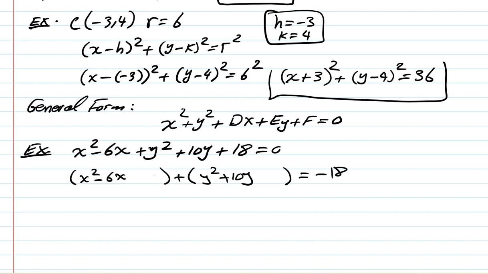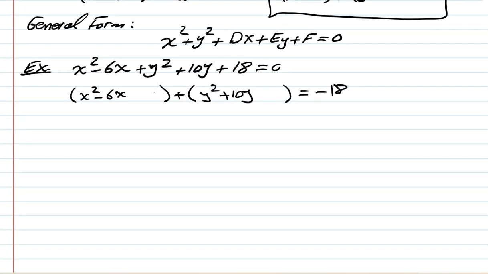Now to complete the square here, we've done this review of completing the square in chapter 1. If you need to review that, please go back and look at my videos in chapter 1 or when we talked about quadratic equations. So to complete the square, if you remember, the procedure is to use half of b, squared. B is the coefficient on x.